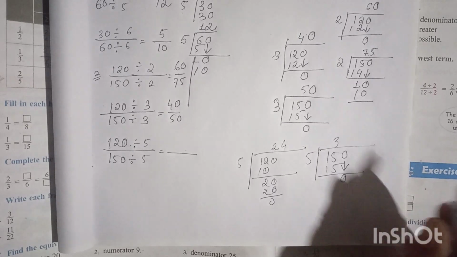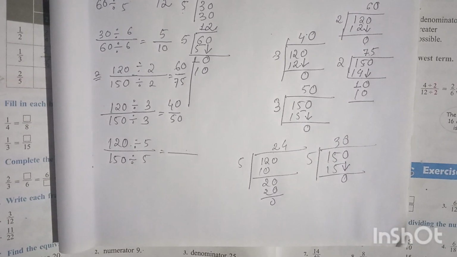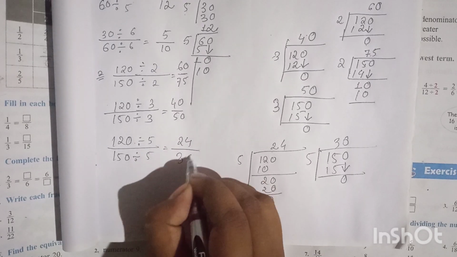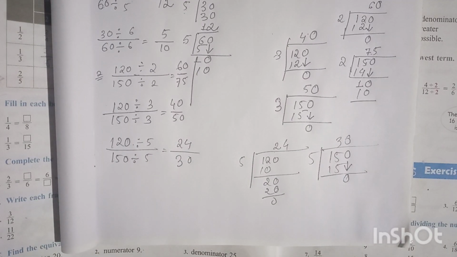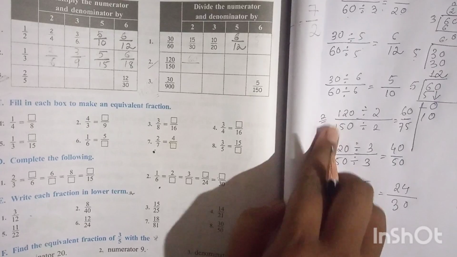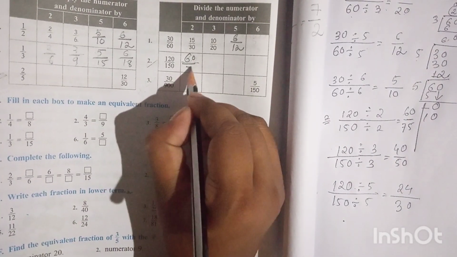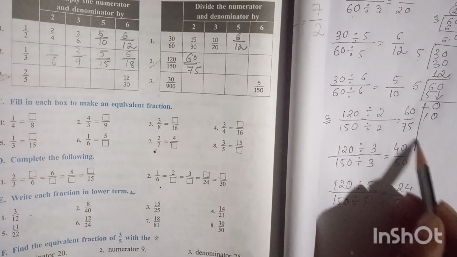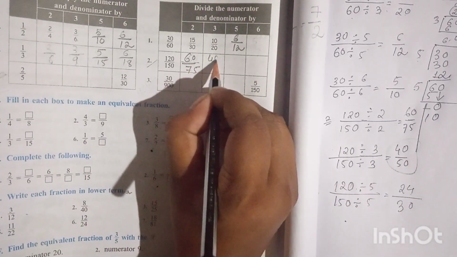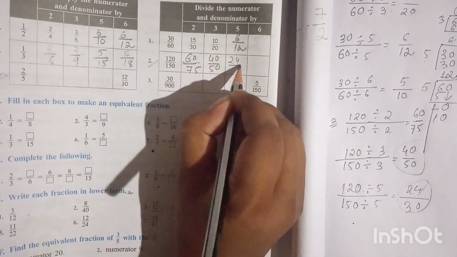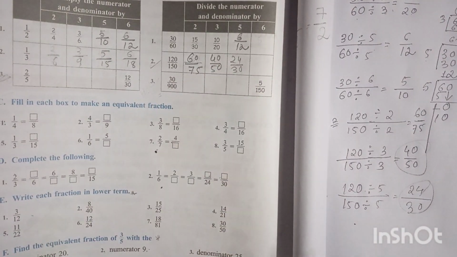This 0 comes down, it will go up. 30. So here 24 by 30. Understood? So let us write the answer. Here 60 by 75. Next 40 by 50. Then 24 by 30.